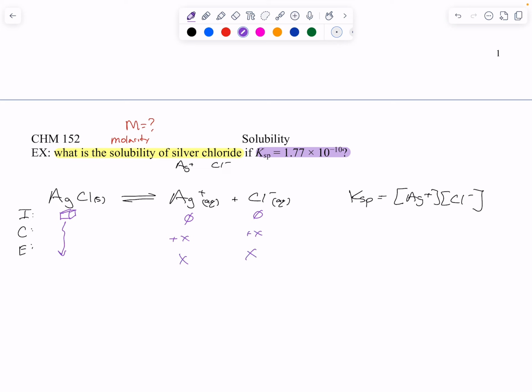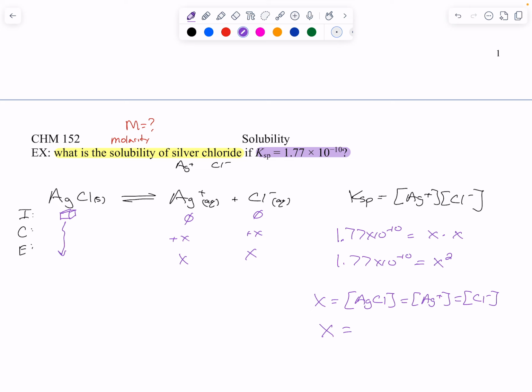Plug in. 1.77 times 10 to the minus 10th equals x times x. So 1.77 times 10 to the negative 10th equals x squared. So it means x equals the concentration of silver chloride, which is the concentration of silver ion in this case, and the concentration of chloride.